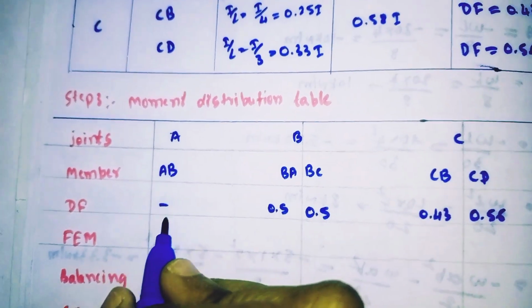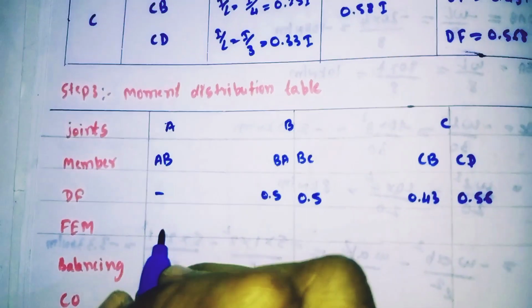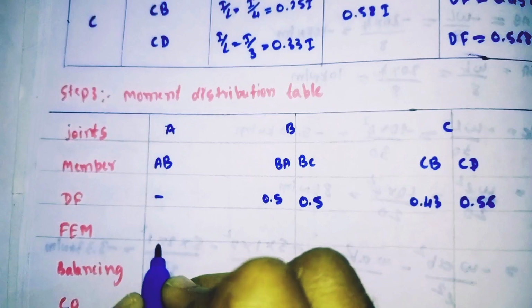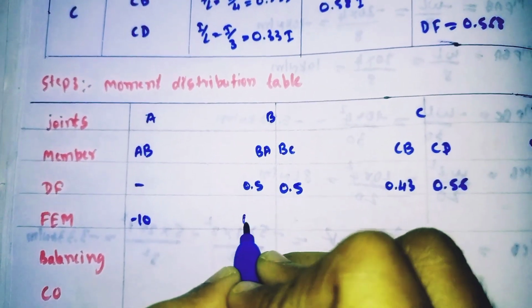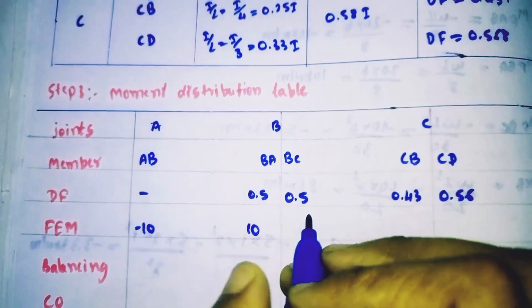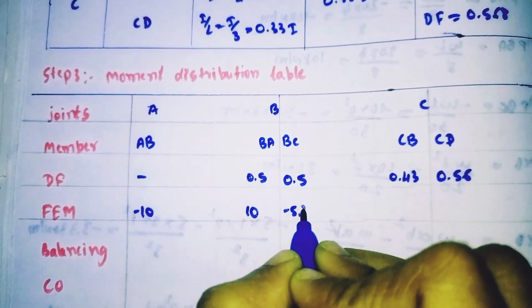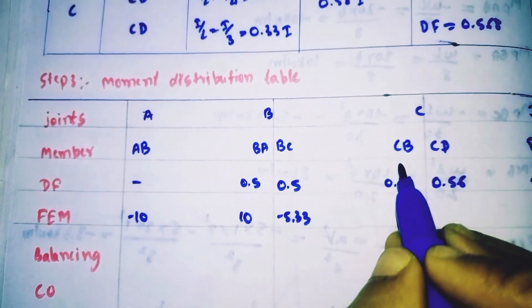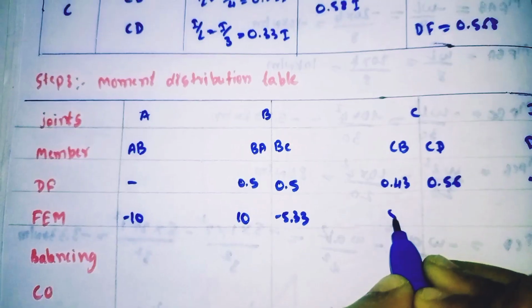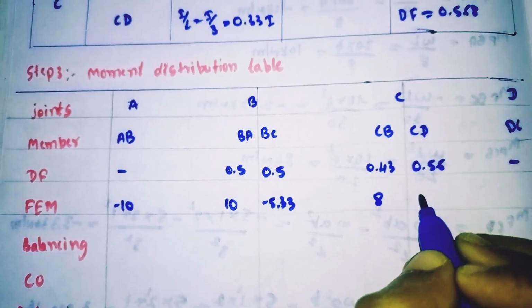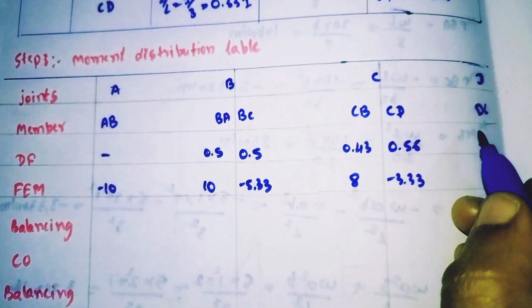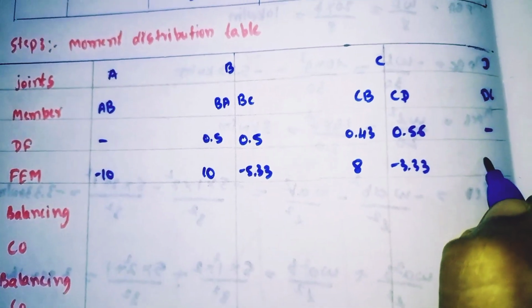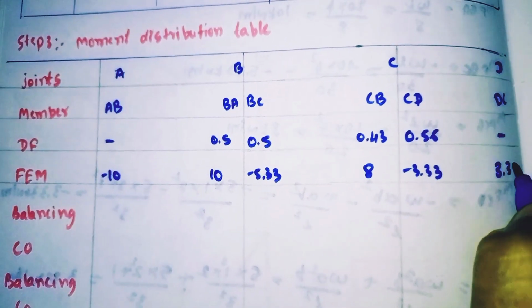For AB the value is minus 10. For BA it is 10. For BC it is minus 5.33. For CB it is 8. For CD it is minus 3.33. And for DC it is plus 3.33.